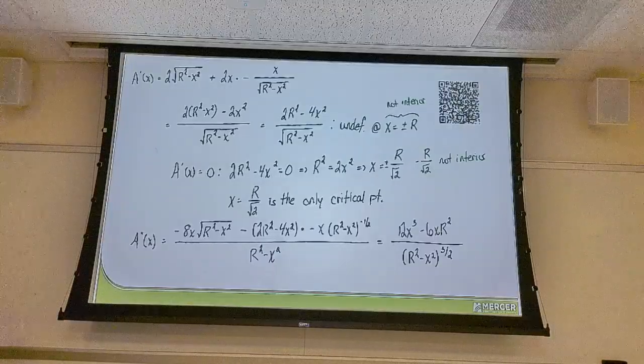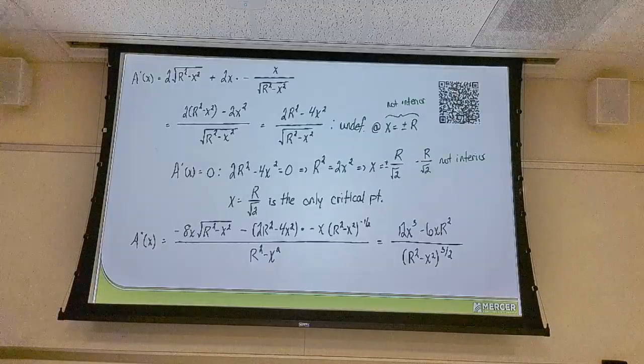What is square root of 2 cubed? 2 root 2? Yeah.